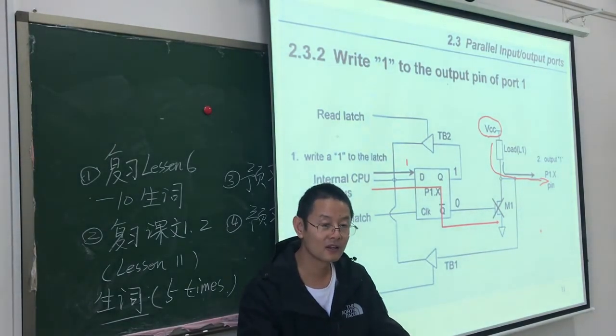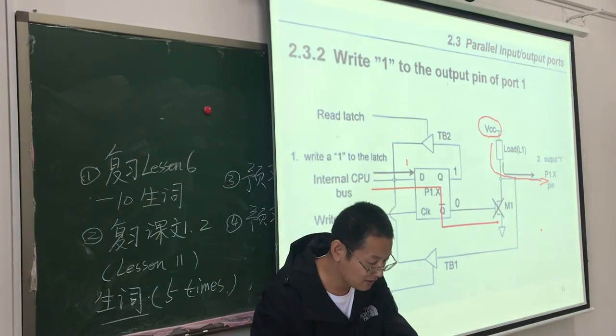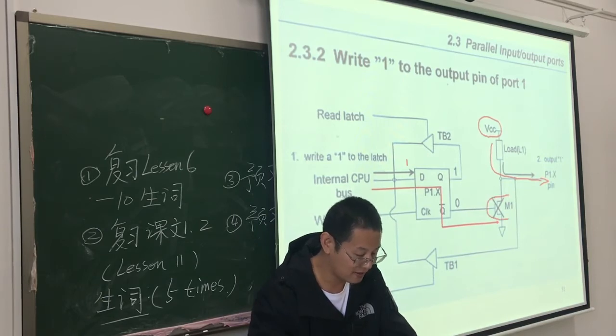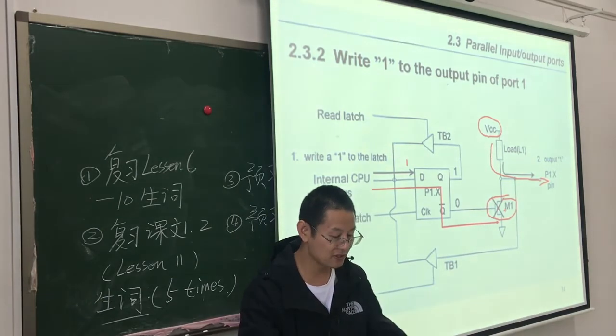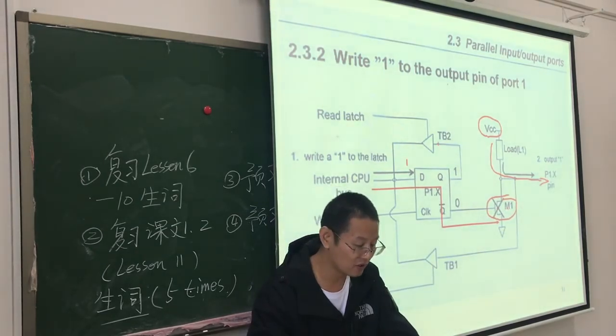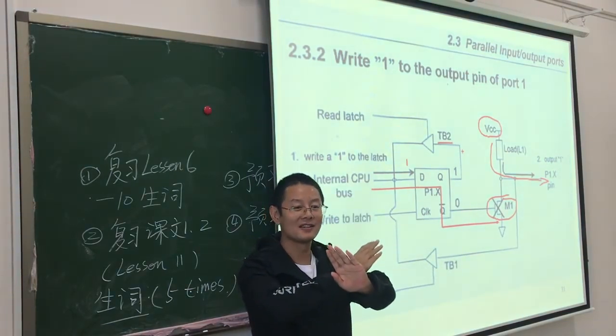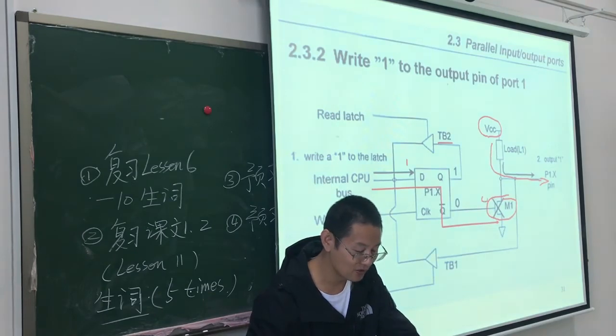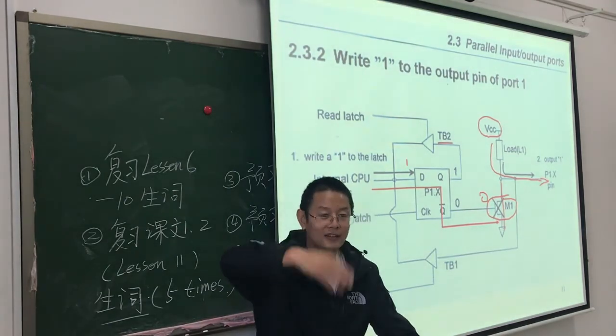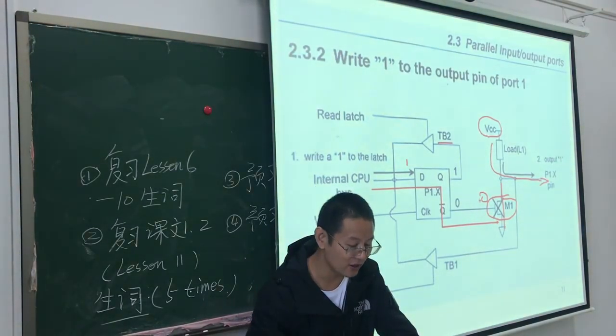On the drawing, M1, what is the meaning of that symbol? M1 is a transistor. If this is 0, this circuit cannot pass.